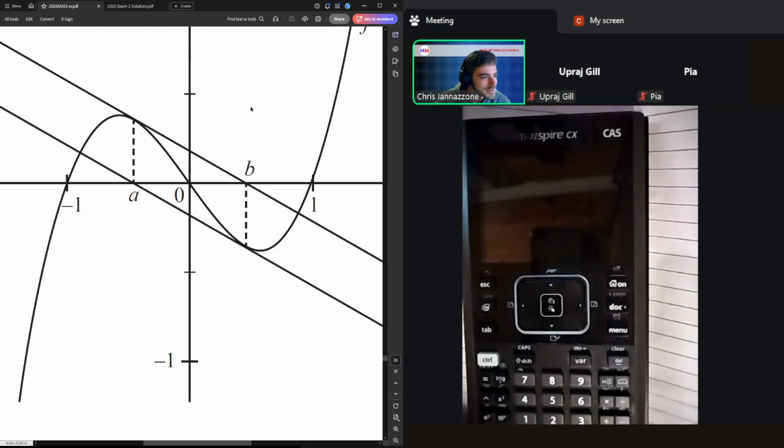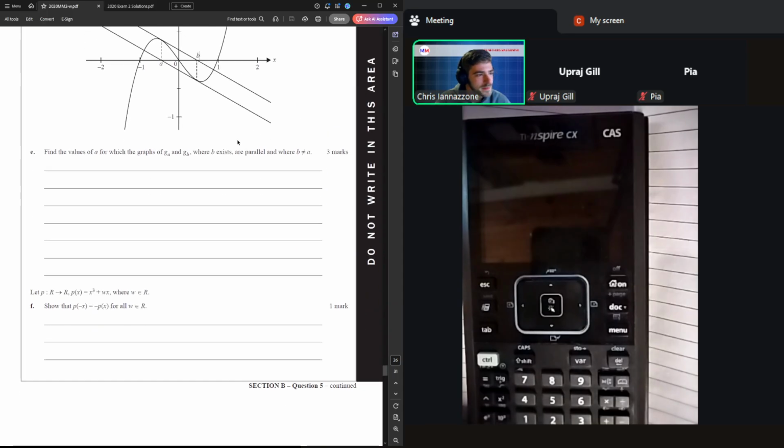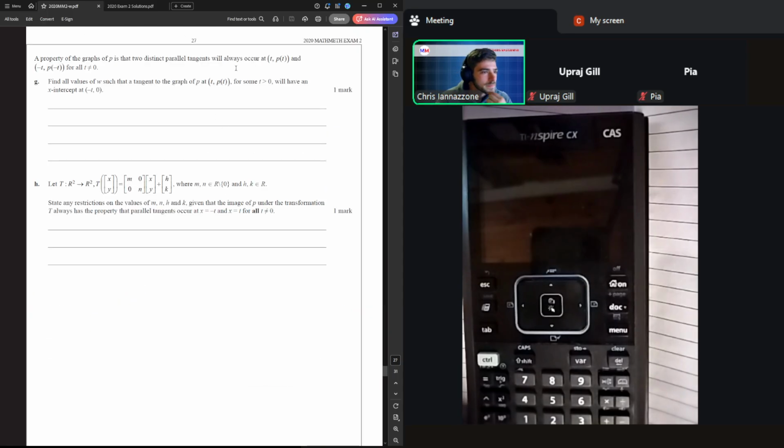I'm going to restrict how much I talk about this because it's probably going to give away too much. But just imagine different places of taking tangent lines, how you would get some symmetries involved in this scenario. And so, yeah, that's what this is describing, right? You've got the positive version, you've got the negative version.